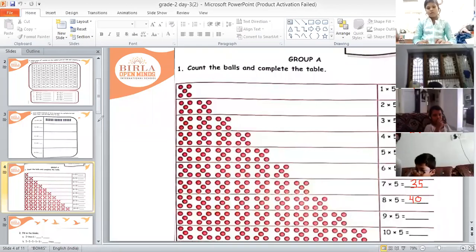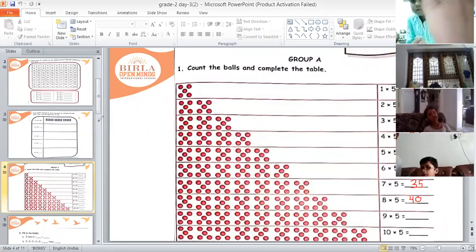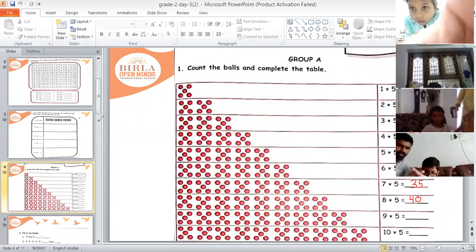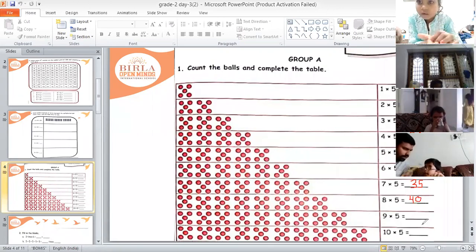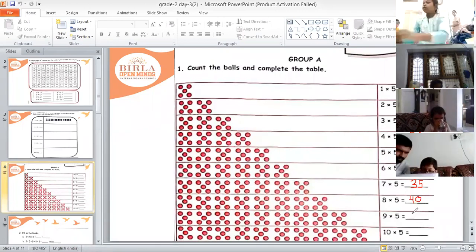Akshay, unmute yourself and tell me the answer for the ninth one. How many balls are there? 45. Very good. In the next one, 45 balls are there.